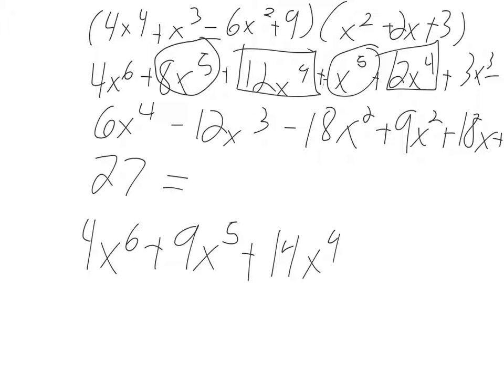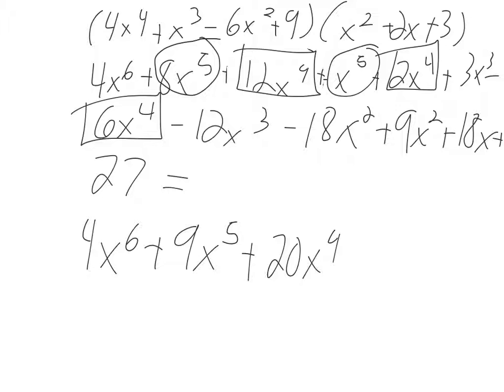And our to the thirds. Oh, wait, we can't forget 6x to the 4th. See that? You have to keep track of those kinds of things because it will happen. So here we have 20x to the 4th, because of course 12x plus 2x is 14, and 6x more is 20x to the 4th.